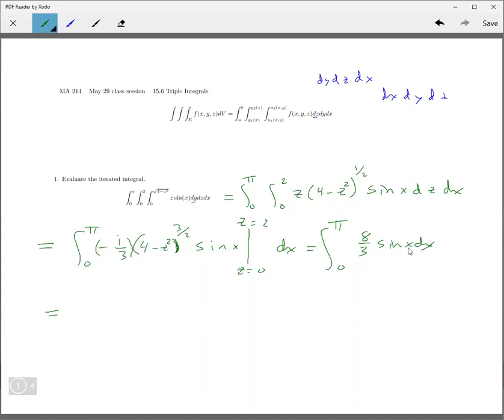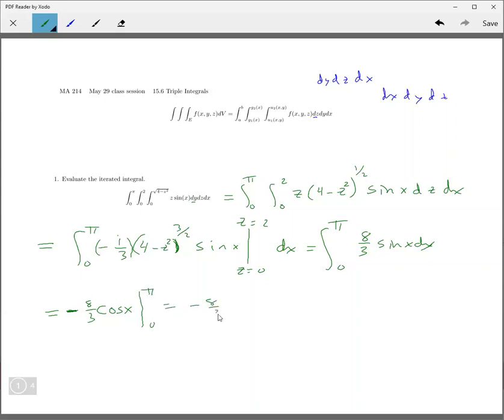Okay, what's the integral here? Cosine. Yes, negative cosine is the integral because the derivative of cosine is negative sine, and you're going from 0 to pi.